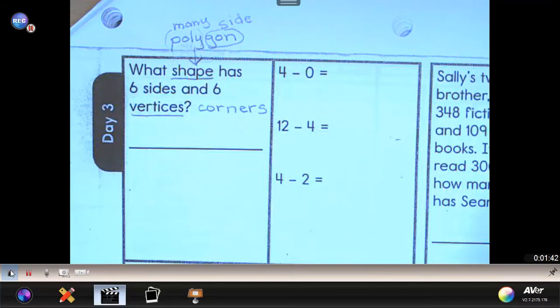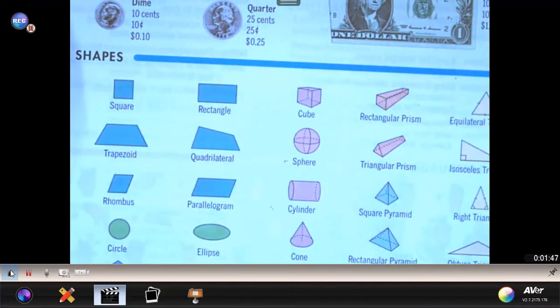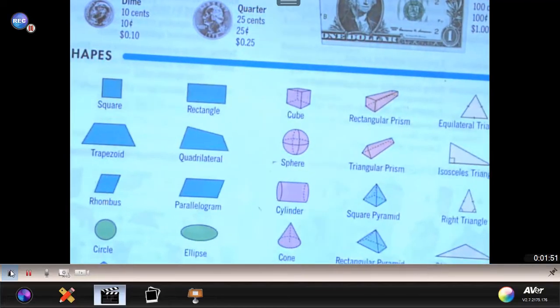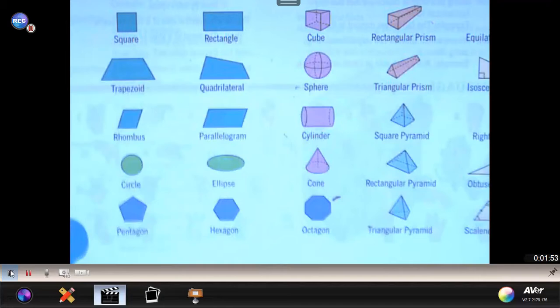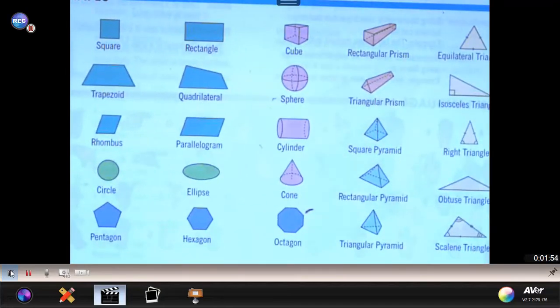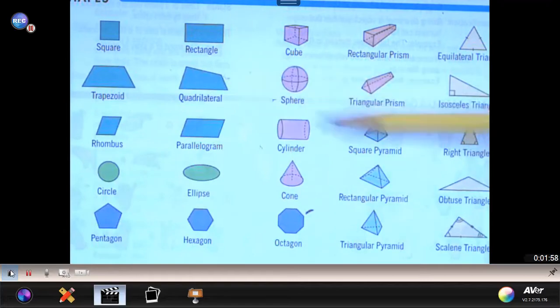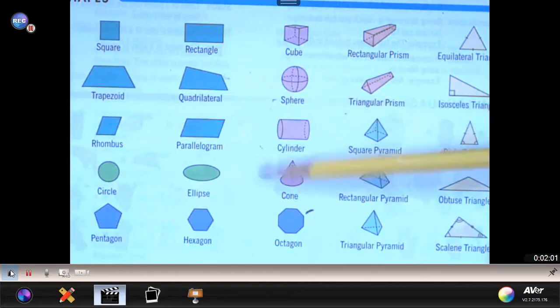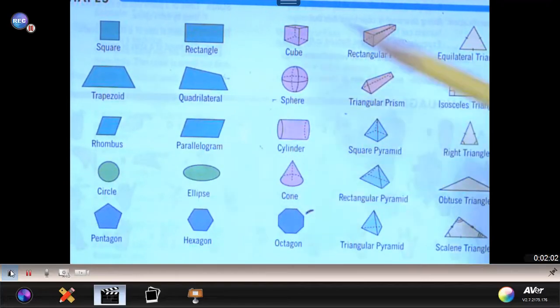If we had a resource, we could take a look at our planner. There is a page in the front of your planner that shows the different types of shapes, both 2-dimensional and 3-dimensional. We want to focus on the 2-dimensional.